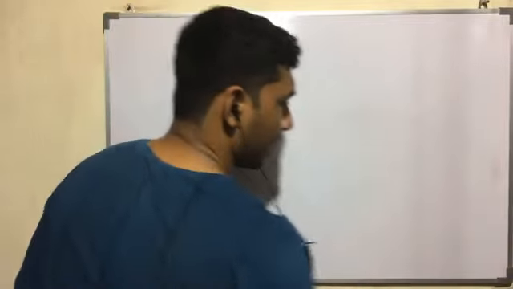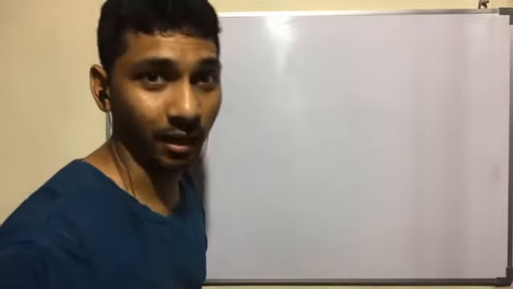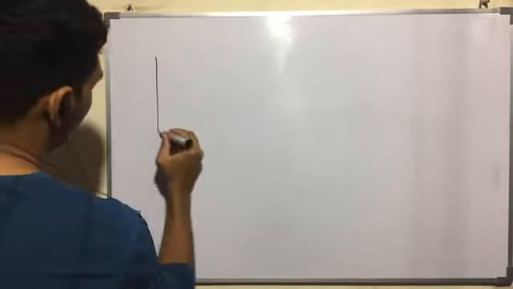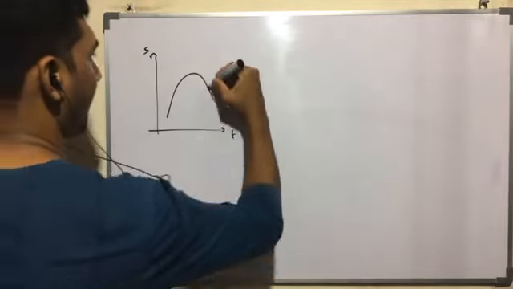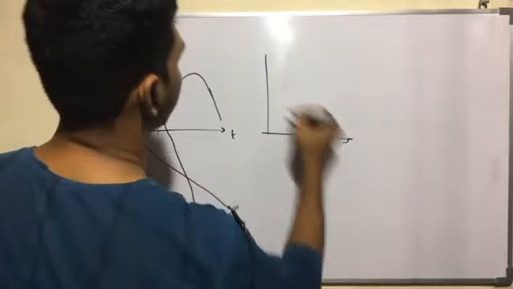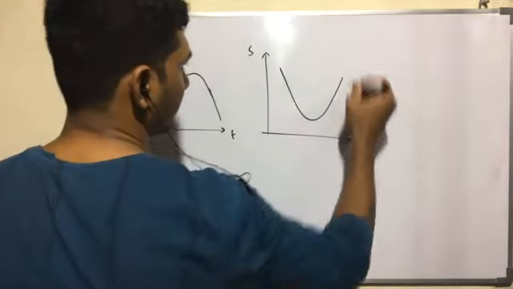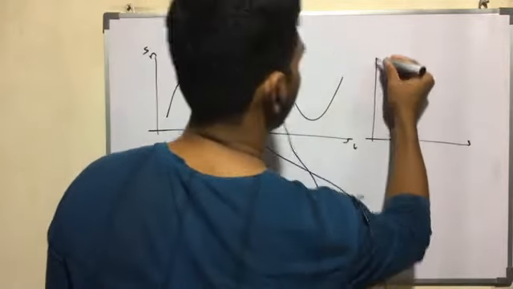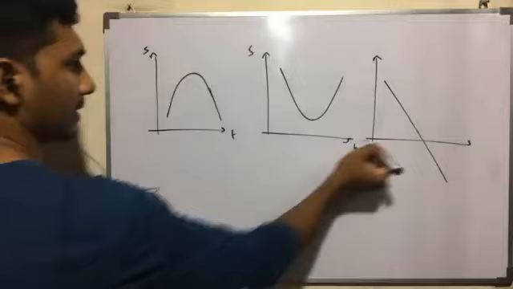Okay, so these are the questions. Convert the following ST graphs to VT graphs. That's the question. Now write down the questions. Coming to the negative side also.